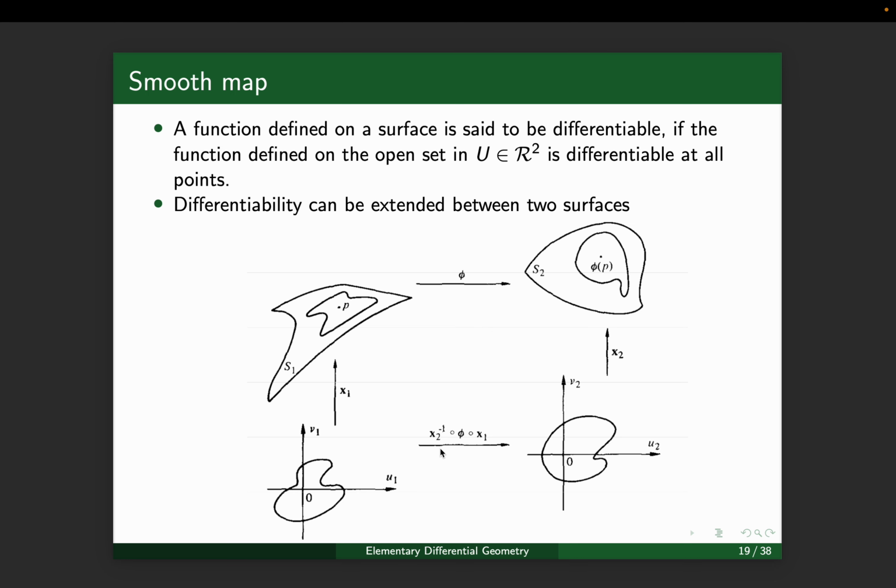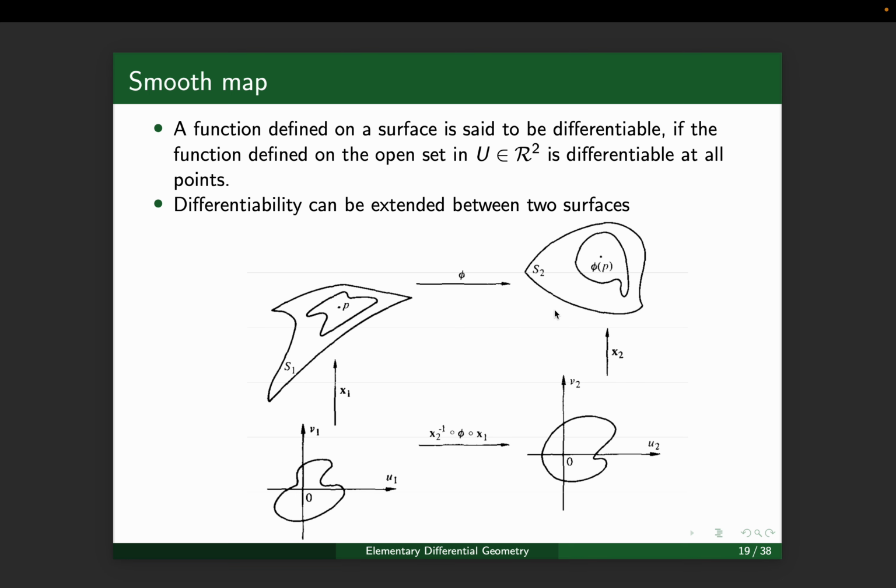The map existing between U1 and U2 is given here. We know this is a set in R2, and we know what differentiability is in R2. So if this function is differentiable in R2, then we can say the map between the two surfaces is also differentiable.